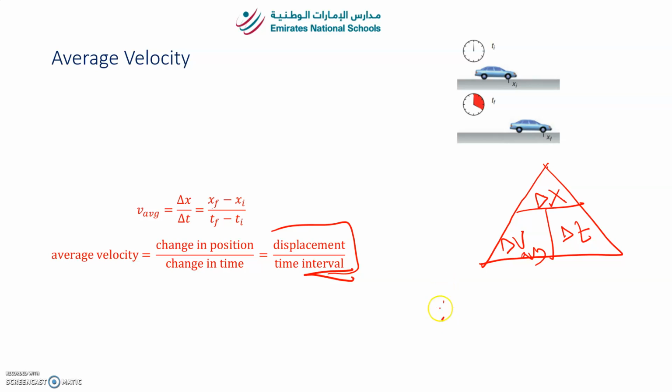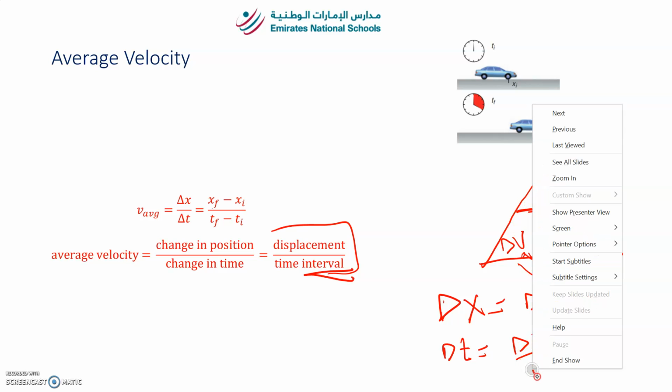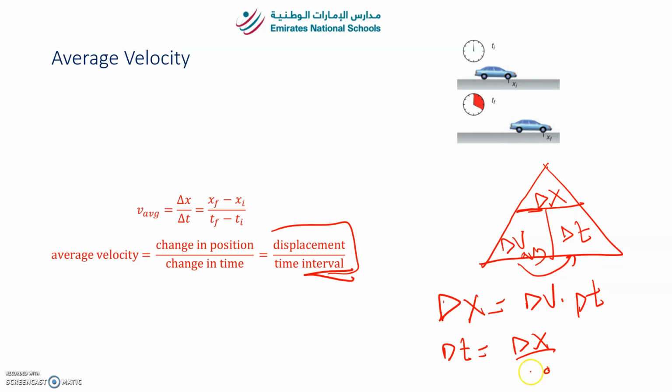If I need to find the displacement, delta x will be velocity times time. If I need to find the time, it will be delta x on the top divided by V average.